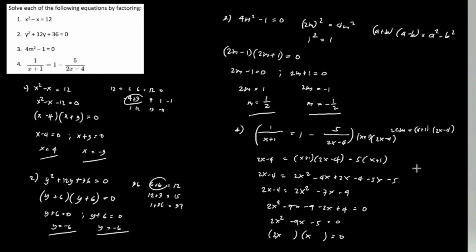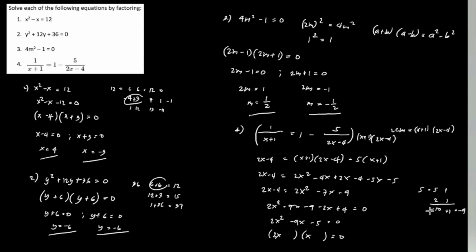So the factors for 5 are 5 and 1, and another factor is 2 and 1. So 5 times 2, that's 10, and 1 times 1 is 1. One factor is negative and the other factor is positive. If we put negative to 10, and the other one is positive, so negative 10 plus 1 is equal to negative 9.